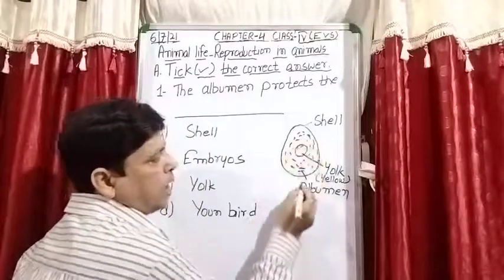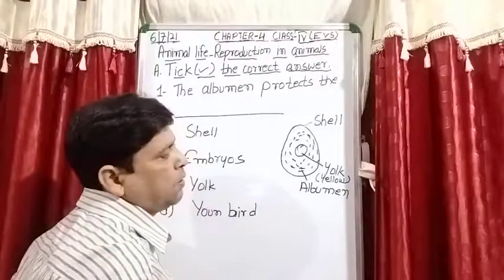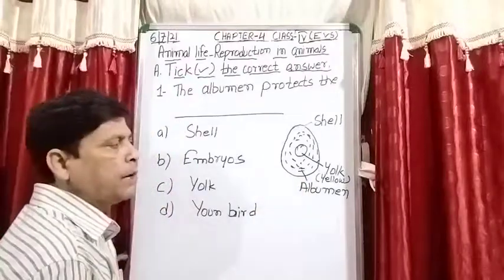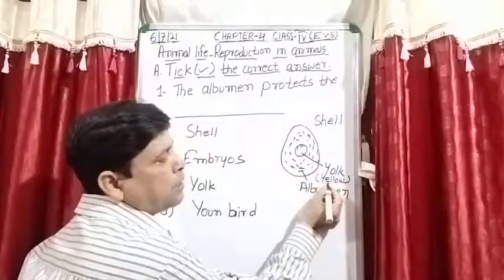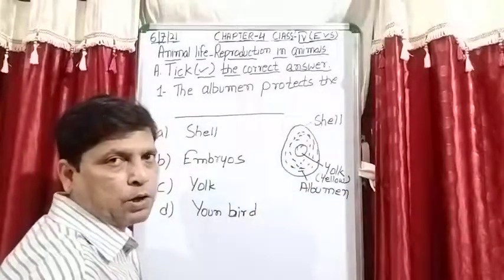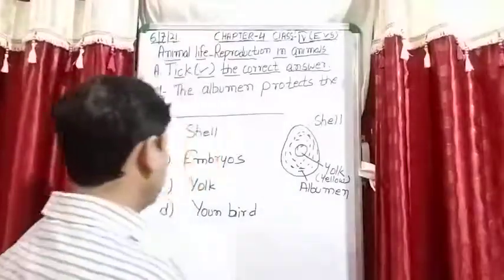This is albumin, that is white in color and transparent. The yellow portion which you see is the yolk, and this is the food of the young one, and it is a rich source of fat, vitamins and minerals.